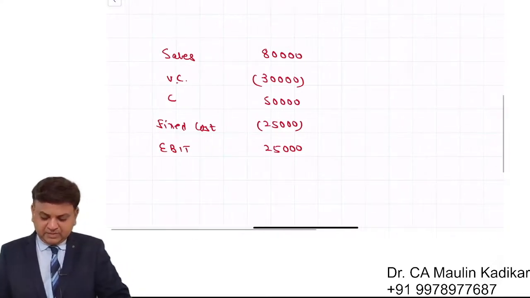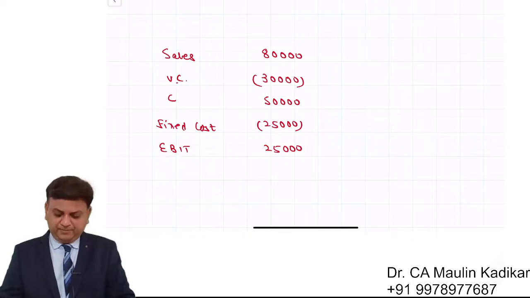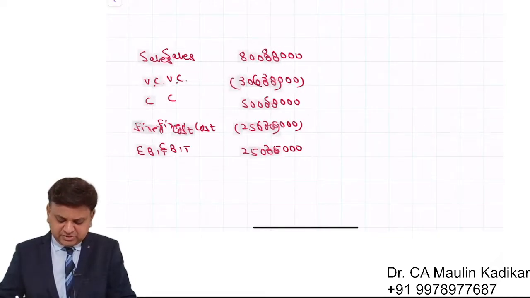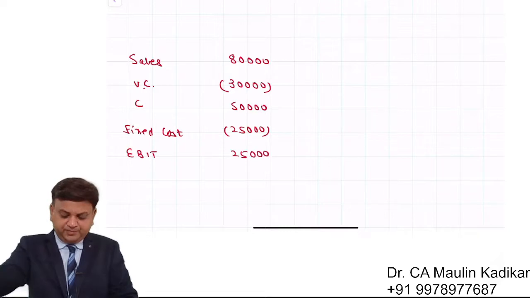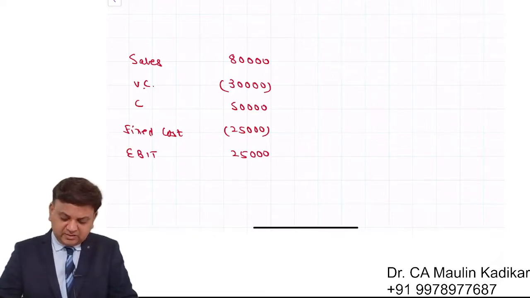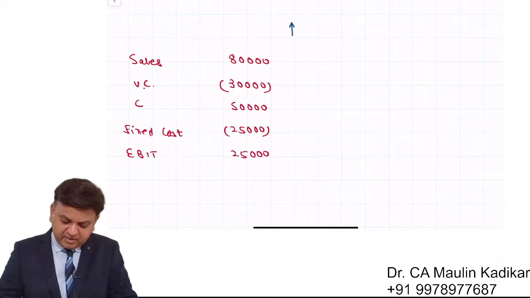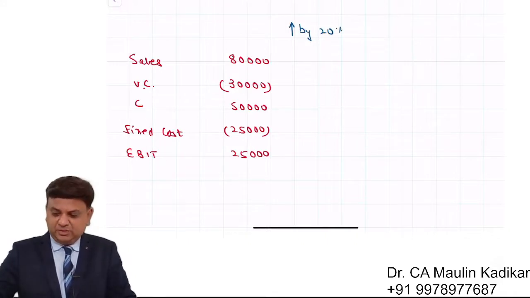Now, let us say that there is a meeting going on, and you are also part of the meeting, being finance manager of the organization. One of the directors is asking you a question. Suppose next year there is an increase in the sales by 20%.